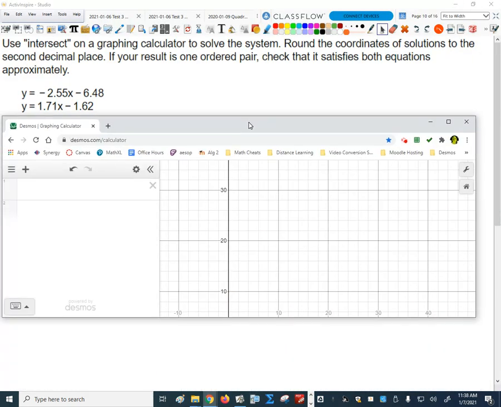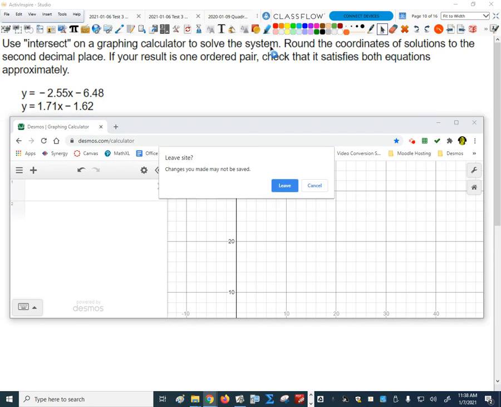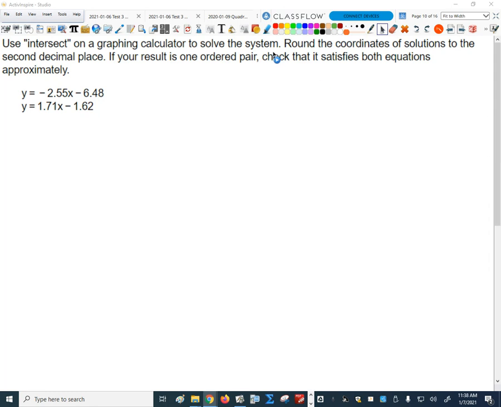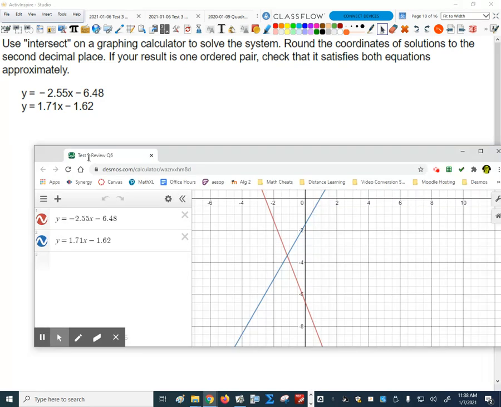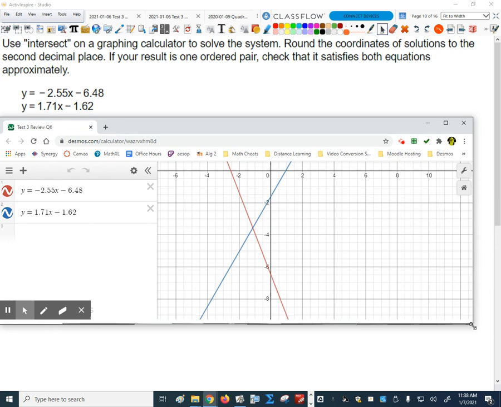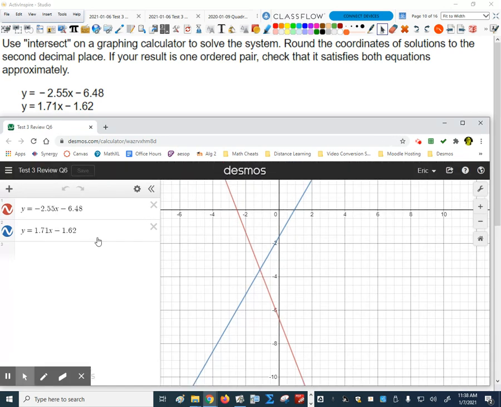Okay, it pulls it up, and there it is. All I would have to do here, this is very simple. I'm just going to enter the two linear equations, and then I just need to find the point of intersection, and there it is.